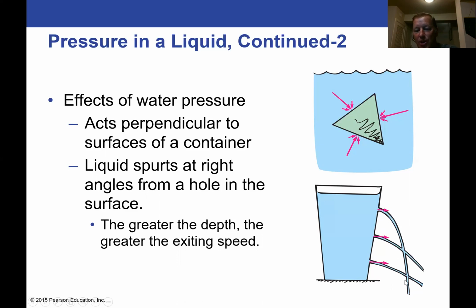Gravity starts working on it as well. So there's a force going out, but there's also an acceleration coming down. The greater the depth, the greater the exiting speed. So down here, this is going to squirt out farther, faster. Why? Because there's more pressure pushing down on this cup, which causes the water to squirt out farther.